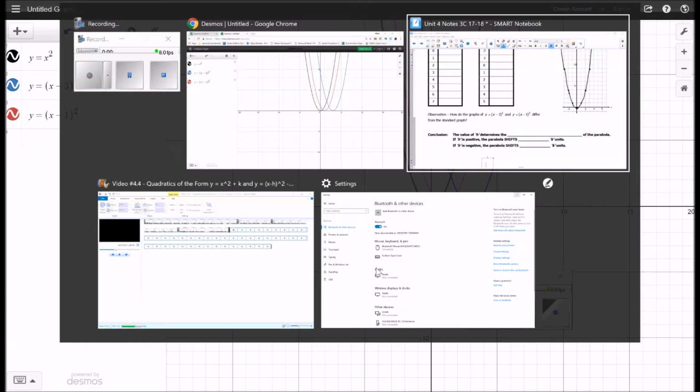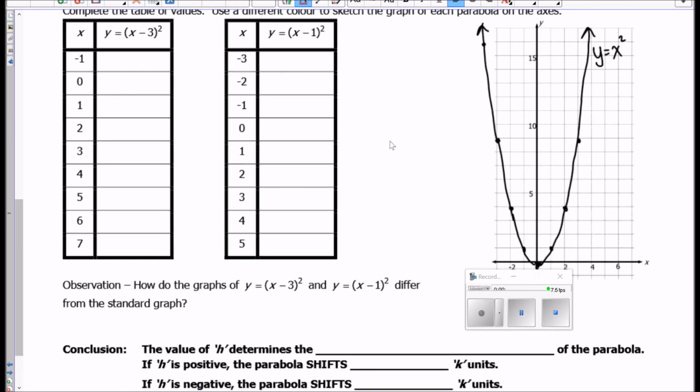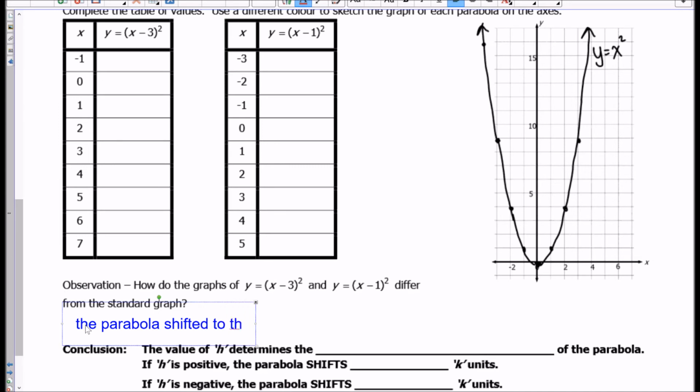So when we're subtracting a value inside of the brackets, then we're actually going to the right. So here we're going to say the parabola shifted to the right.